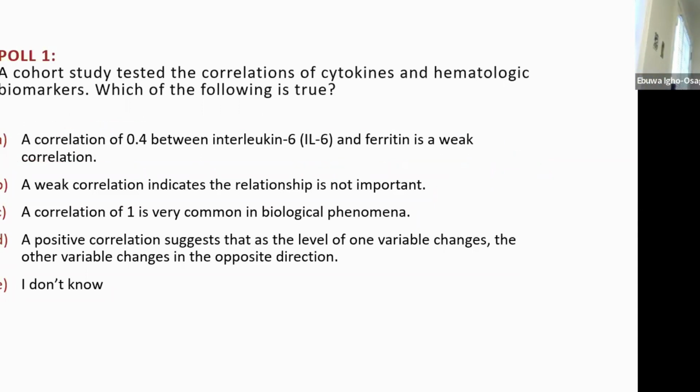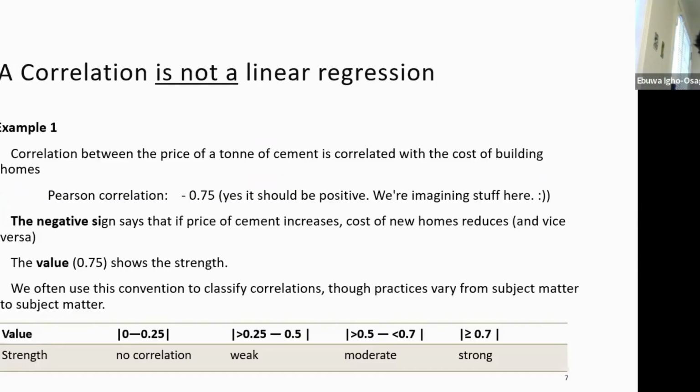Okay, so let's go back here and remember when I said that this table is really arbitrary. This is what people typically do, but I also told you that my former advisor would say that even if we see a correlation of 0.4, we would take it as strong.